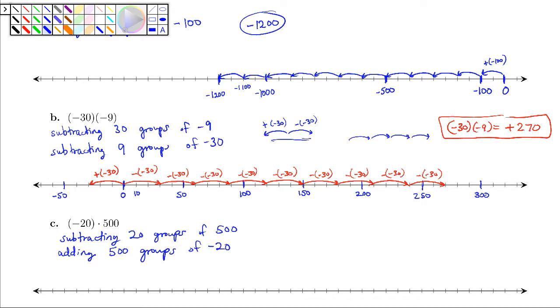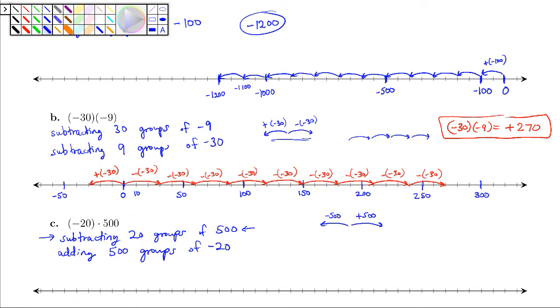All right. Again, I'm going to go with the smaller number of groups, so subtracting 20 groups of 500. So if adding a 500 is going that way, then subtracting a 500 is going to go to the left.